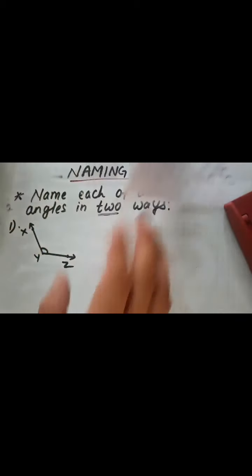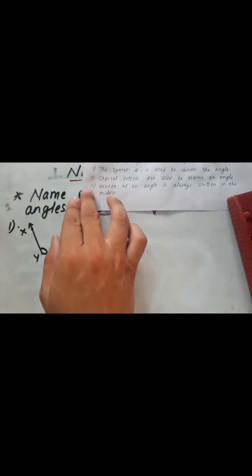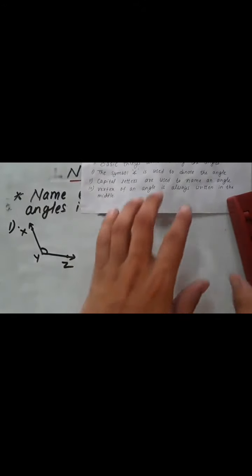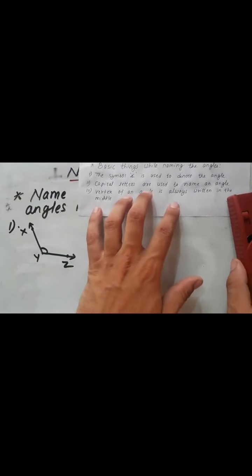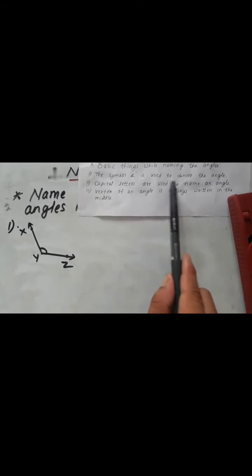So students, here are the basic things which we had already considered. Look at the first point: the symbol of angle is used to denote the angle.